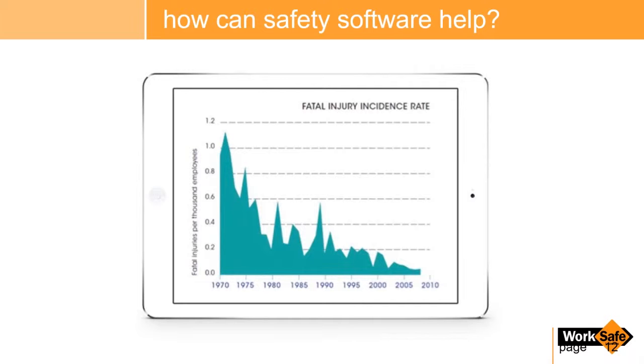But what you'll notice is that the fatality injury incident rate has dramatically dropped in the mining industry over a significant period of time, and I believe that a certain percentage of that will be due to implementing effective systems and using safety management software to effectively do that.